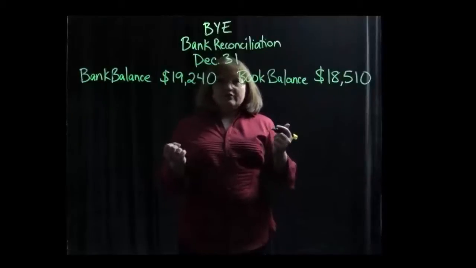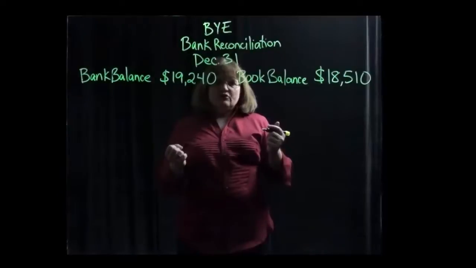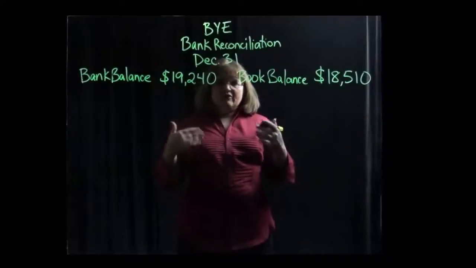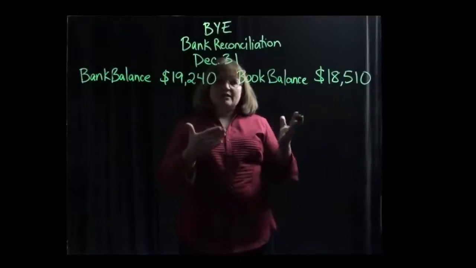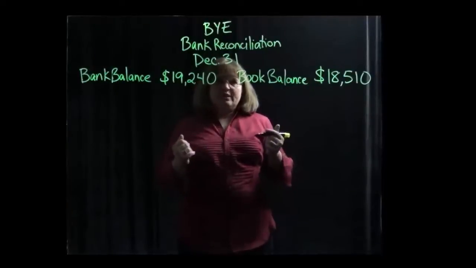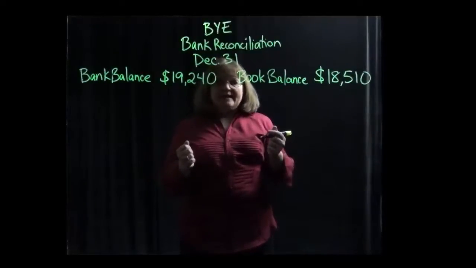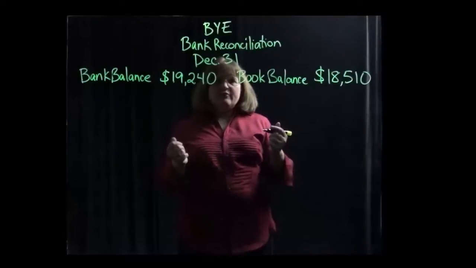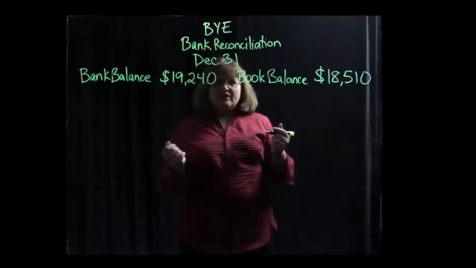The first one we come to, letter A, is an example of an automatic bill payment. So companies oftentimes will have agreements with their service providers that the service provider can automatically withdraw the amount of their bill each month from their bank statement instead of writing a check and sending it to them in the mail. And oftentimes the service provider will provide some kind of an electronic notification to the company as to the amount.